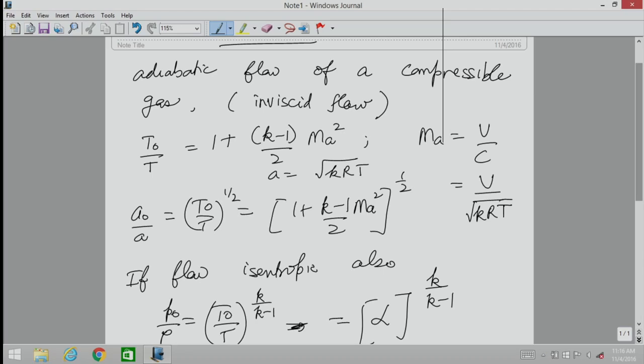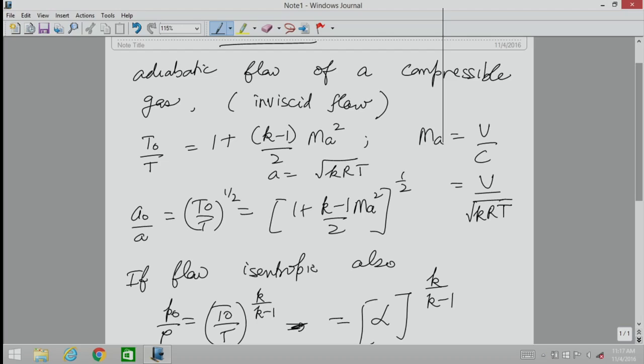So for isentropic flow, for adiabatic flow, we find the temperature is related to the local Mach number. If the stagnation temperature is T0, then the temperature can be given by this equation: T0 by T is equal to 1 plus K minus 1 by 2 Mach square.